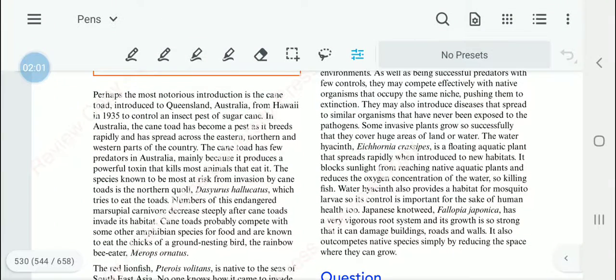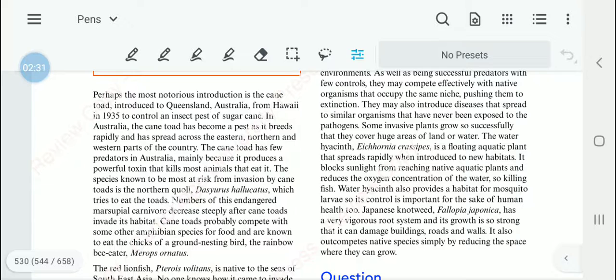Then there is another animal known as the cane toad, introduced to Queensland in Australia from Hawaii to control the insect pest of sugarcane. But they spread so rapidly, and they started killing off many of the other carnivorous animals, because these cane toads have very powerful toxins.